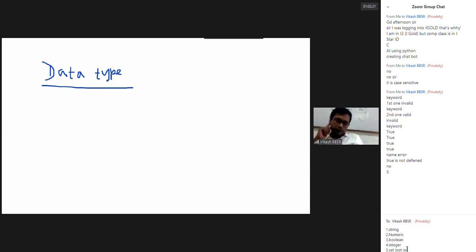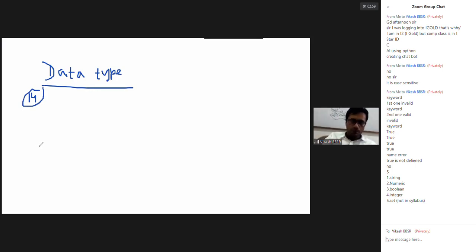These three only. Okay, Shubhankar. Total how many? So the total, remember, is 14 types. But some of them are not used in your syllabus.